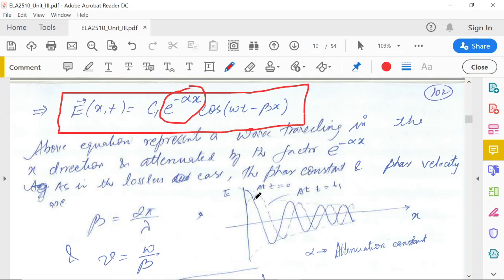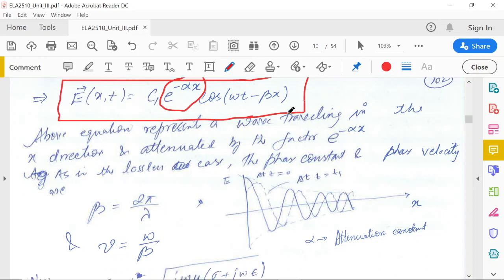So it can be shown here, because this is a wave propagating in the positive x direction. We have already seen that when you have a minus here, then this part is a wave propagating in the x direction, and this is a factor which is multiplied. So when, for example, t equals 0, it will be cos beta x. If the factor was 1, then you would have simply a full wave of cos.